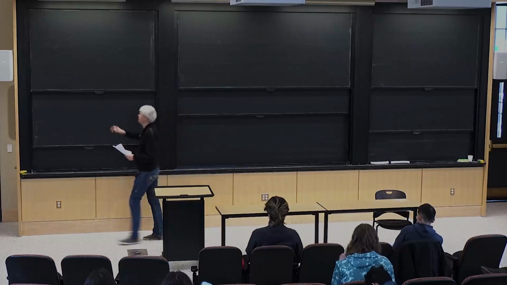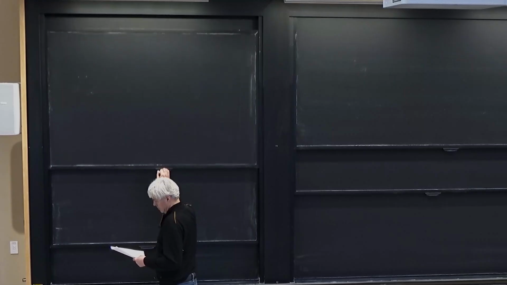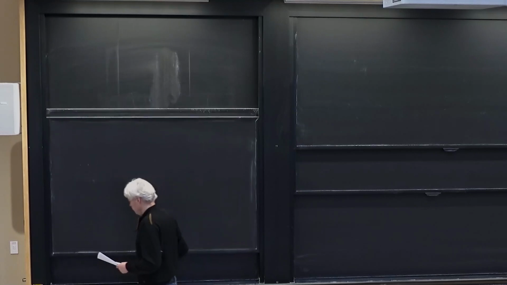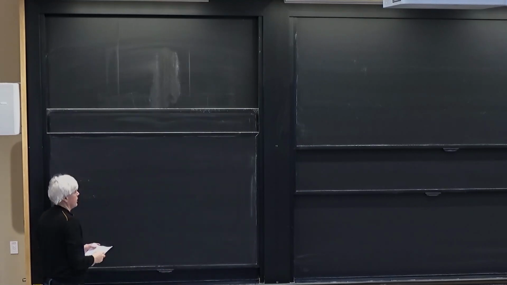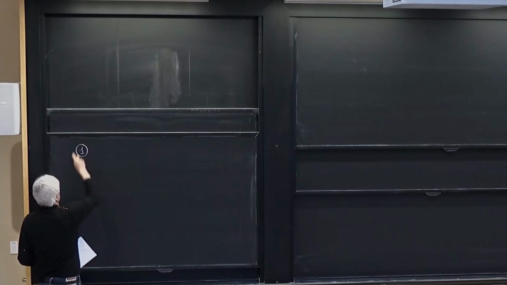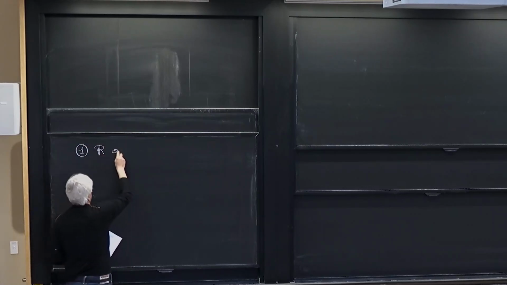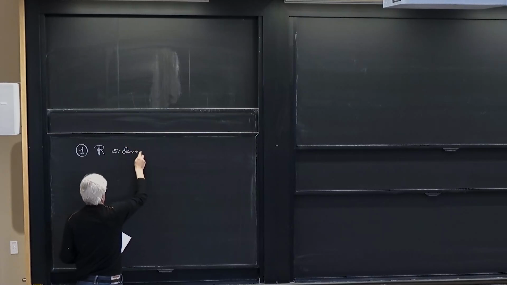Okay, so right, let me just quickly review what we have done so far in the class. So we talked about R as an ordered set and field.